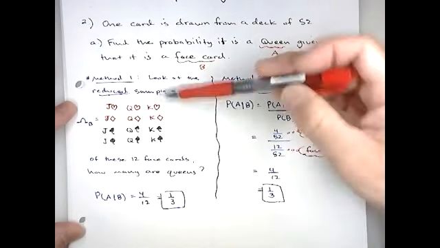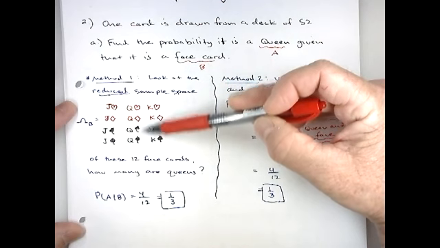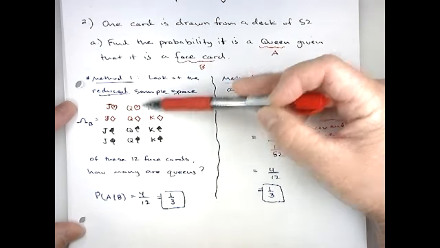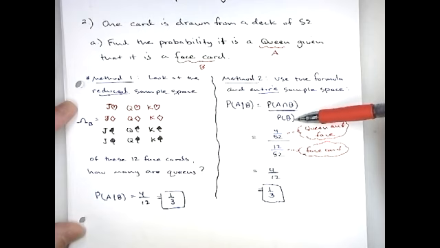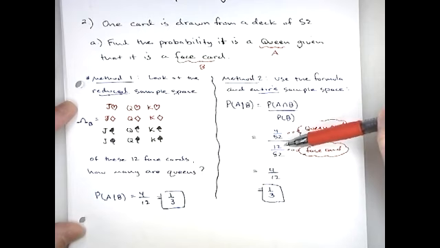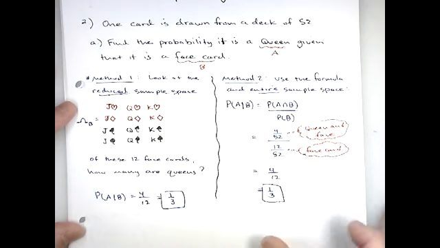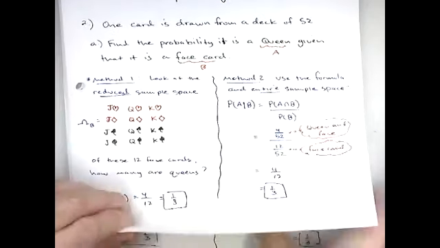There's 4 of those, right? It's a queen and a face card, so it's these guys right there. And then divide that by the probability of B, which is all of your face cards, which is 12 out of 52. And of course, the 52s cancel. We get the same answer. So it is nice we have choices. You can use the formula, or you can think about the reduced sample space.